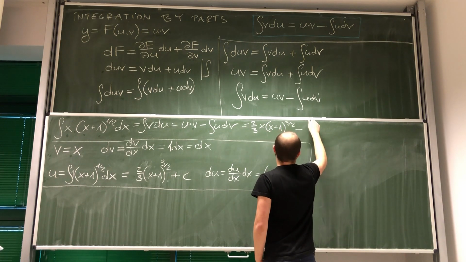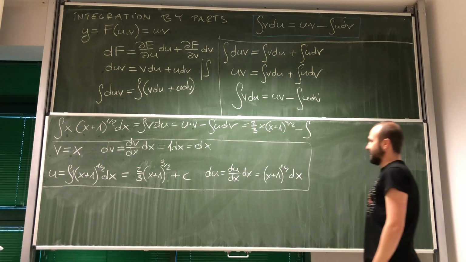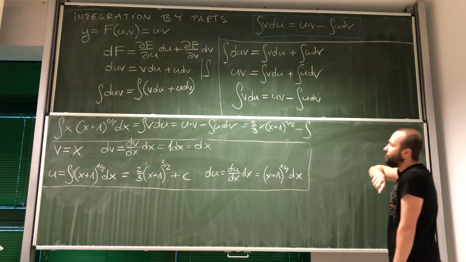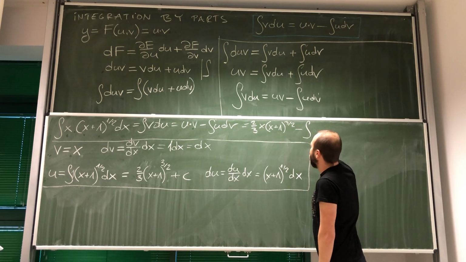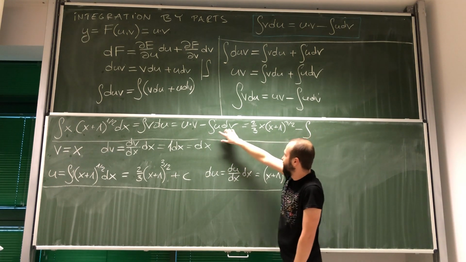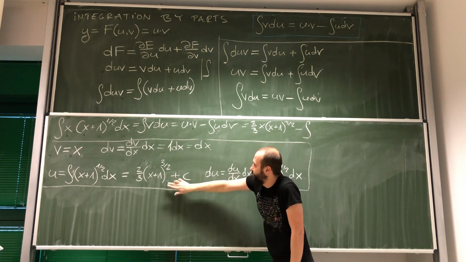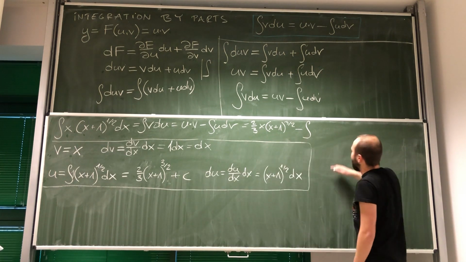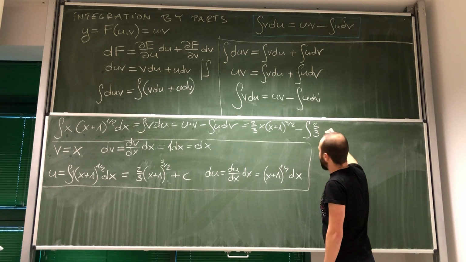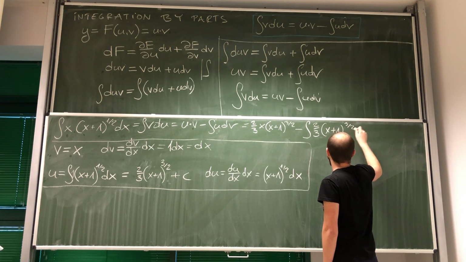Now, minus. We open the integral sign, and look, what we now need to plug in is u. Our u is this expression over here. So it's 2 over 3 x plus 1 to the power 3 over 2.